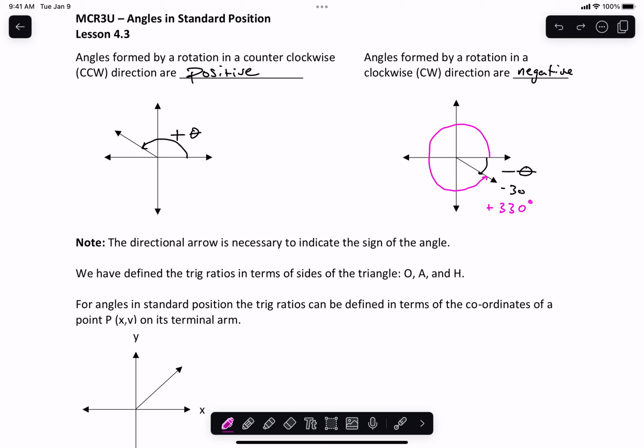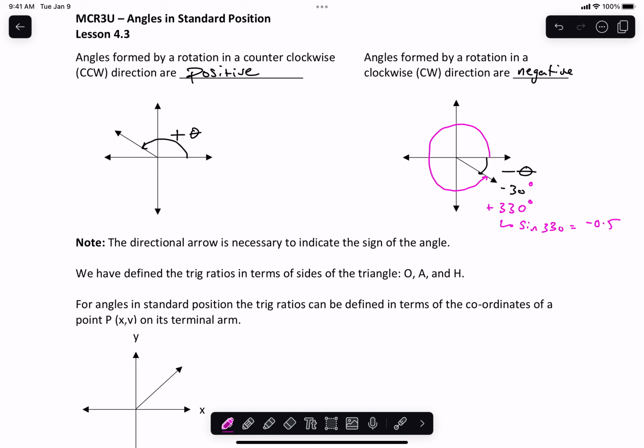So why don't you entertain me for a second? Do this: sine of 330, see what you get. Negative 0.5.